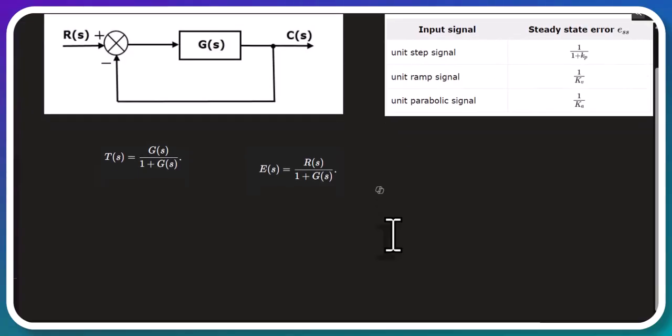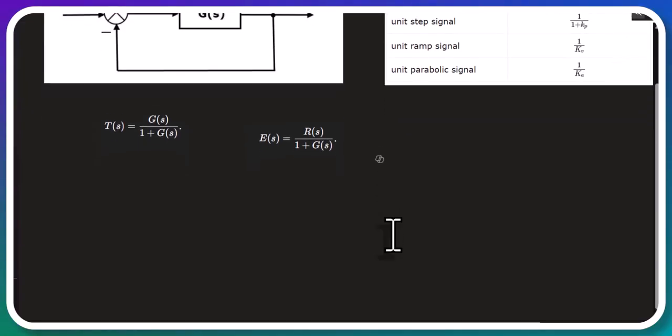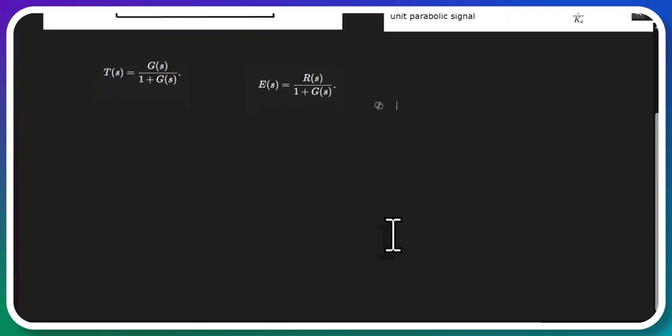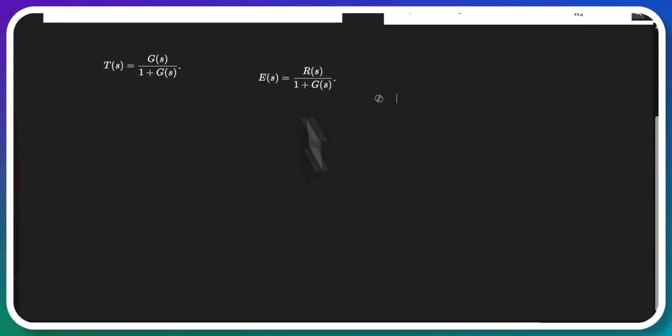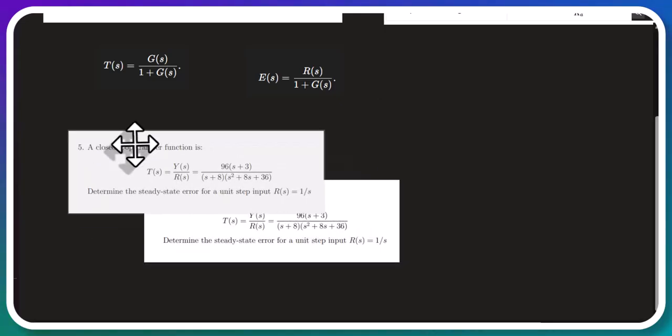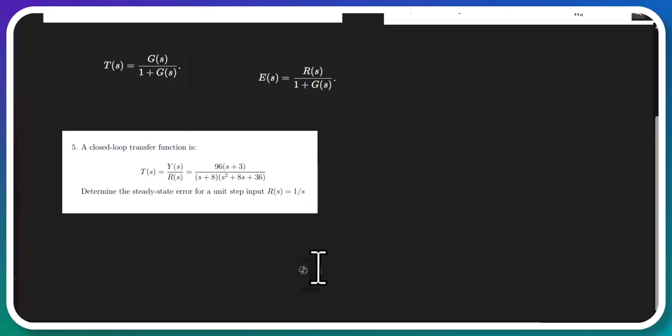So let's just talk about in general what we mean by error, and then how you calculate it when you don't have that. So let's say we have a question like this. Okay, so what that means is that we have our input R, and that input is a unit step.